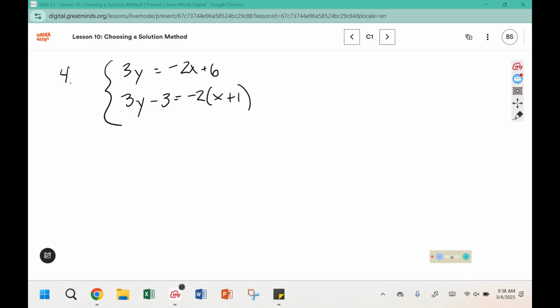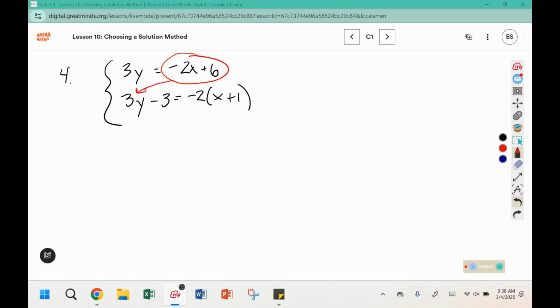In problem 4, we will be using substitution again. 3y is going to get replaced with negative 2x plus 6. We'll start with some distribution here. Negative 2 times x is negative 2x. Negative 2 times 1 is negative 2.